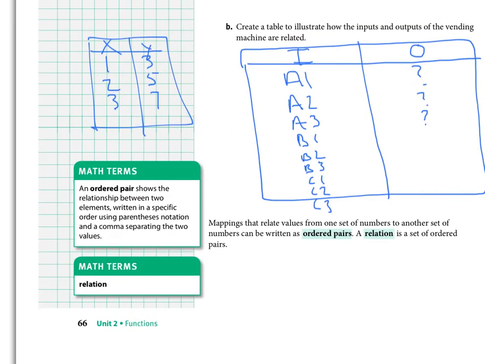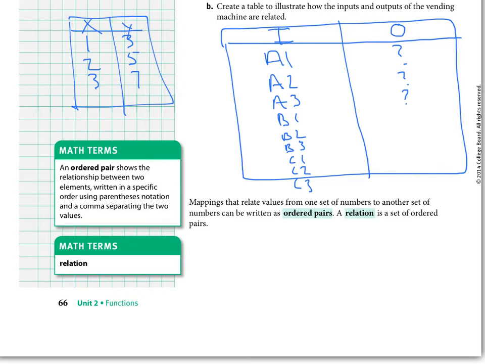It says mappings that relate values from one set of numbers to another set of numbers can be written as ordered pairs as well. A relation is a set of ordered pairs. So ordered pairs is like a coordinate. So if we look up here at our table, this would be an ordered pair. 1, 3, and 2, 5, and 3, 7.